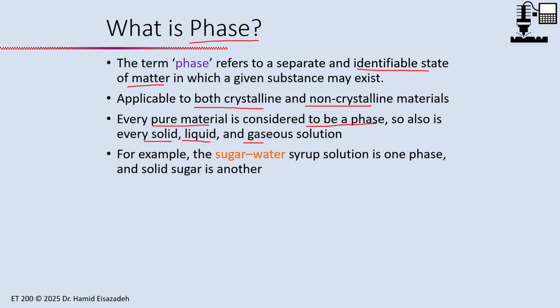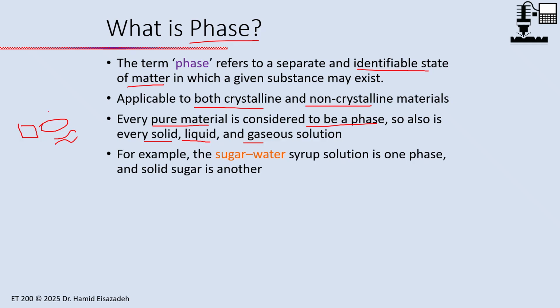So if you have all these three phases, for example, you have water in liquid form, and then you have ice, then you have gas, even though they have the same composition, their state are different, we can say their phase are different.